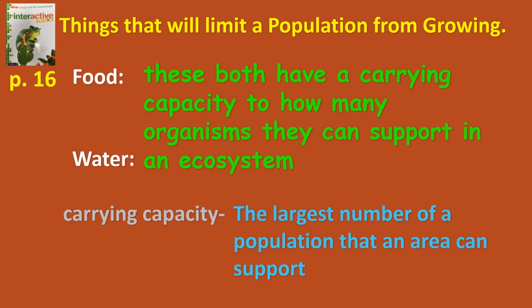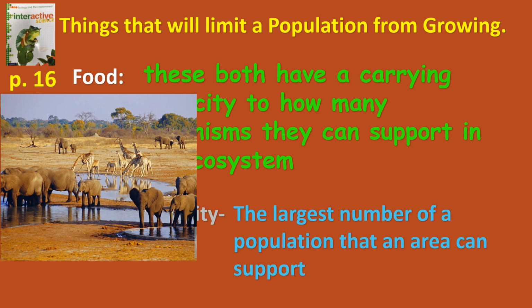So when there's not enough water, then all organisms suffer in those particular areas. You'll see often, like in the Sahara and things like that, that there are many different organisms at the water because they all share it and they don't attack one another, right?